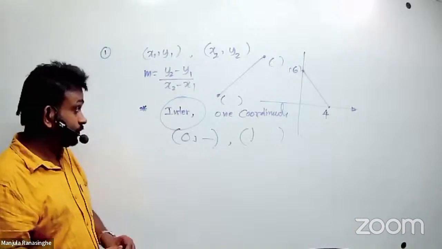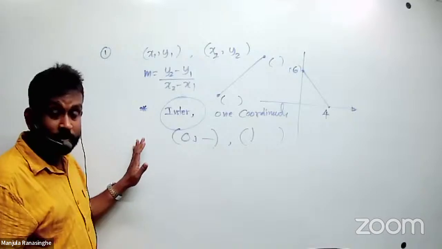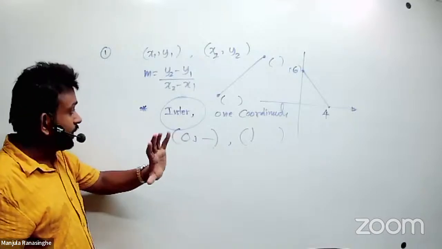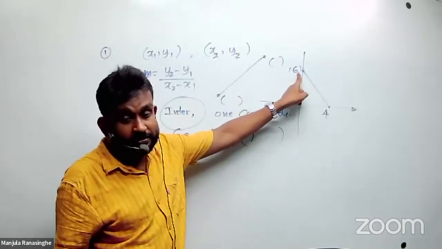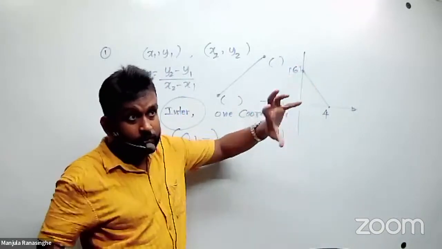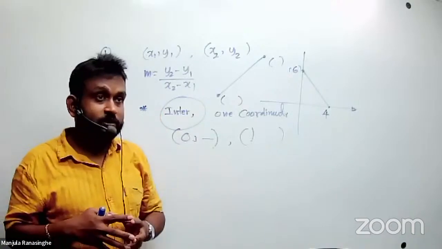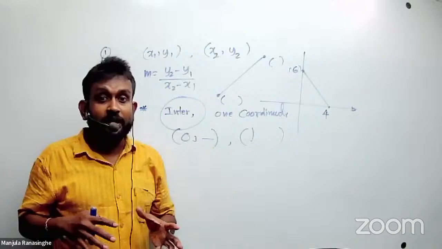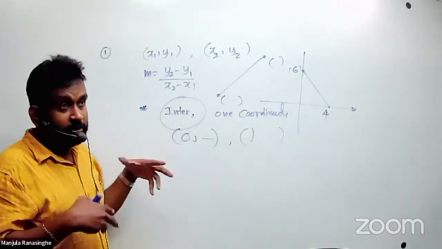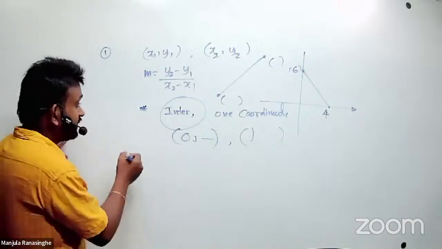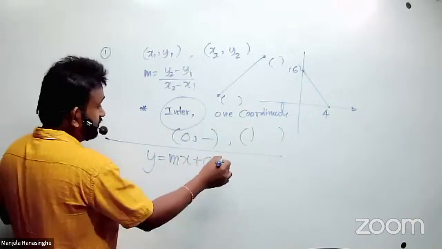Later we discussed the concept of intercept. Intercept is the point where the graph cuts the y-axis. So we understood the intercept concept, and then we found the gradient when the intercept and a point are given. Further, we discussed how to find the gradient and intercept where the equation is given, y equals mx plus c.